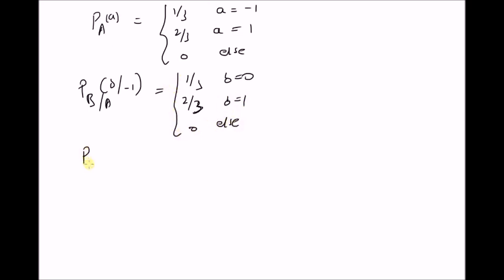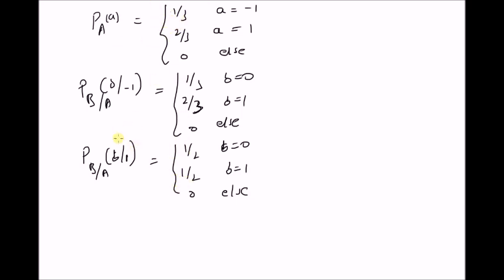And the conditional probability mass function at A equal to 1 is 1/2 for B equal to 0, 1/2 for B equal to 1, and 0 elsewhere.